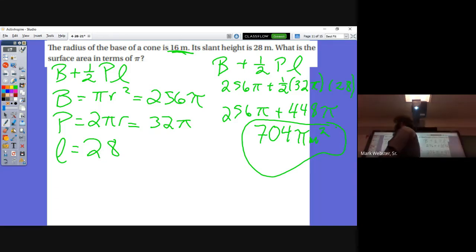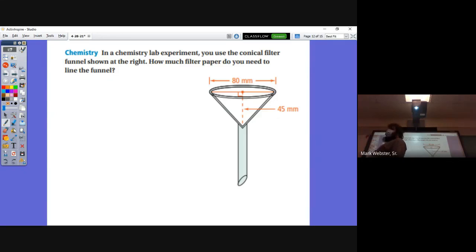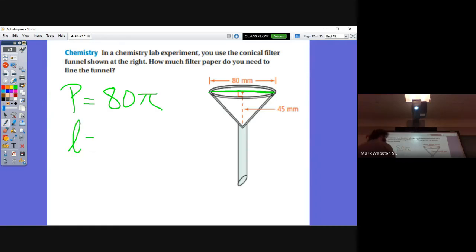Exactly. With these, now they're just doing the slant height, right? So we don't even, you know, this is 80, that's our diameter, so our perimeter is just 80 pi. Slant height, well, we got to figure that out. This is 40, this is 45.